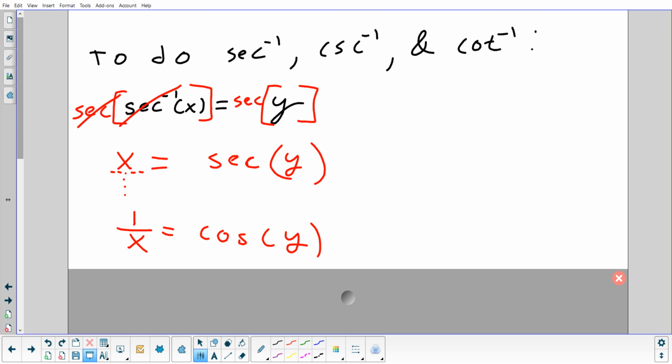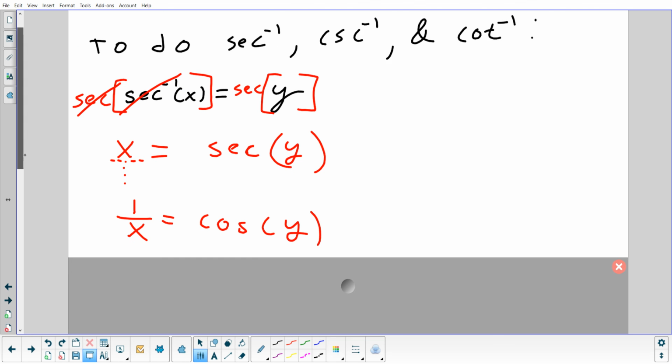I'm trying to get a formula again that has y by itself. What was wrong with it the first time? It was equal to something I didn't have a button for on the calculator. I'm trying to get y by itself, but I want to have something on the other side I have a button for. Well, now I'm going to have that, because now I've gotten rid of the secant function. Okay? I turned it into cosine by flipping each side.